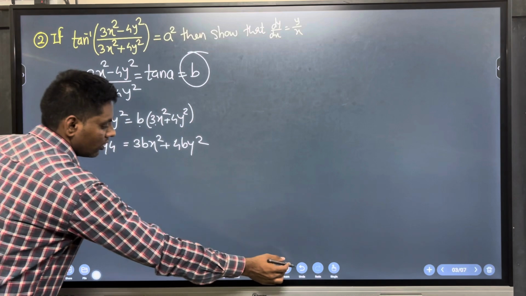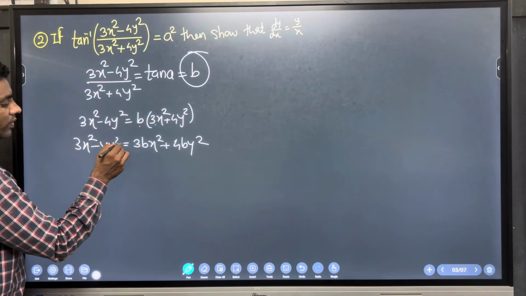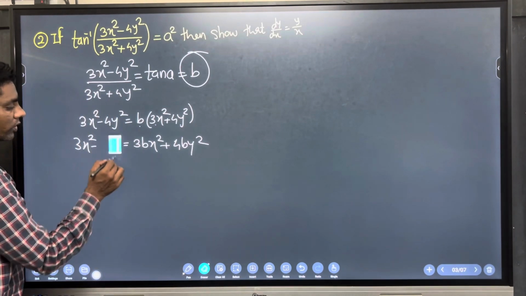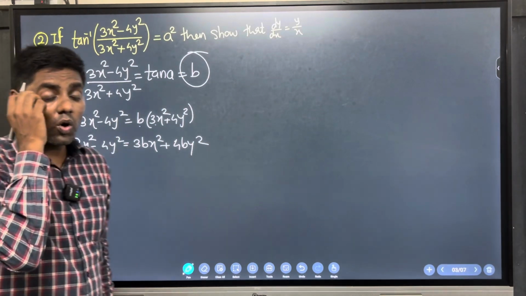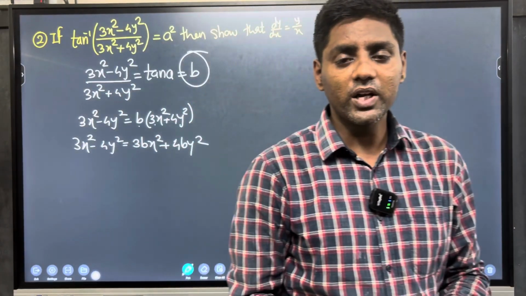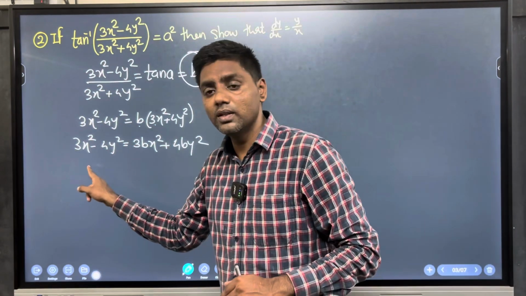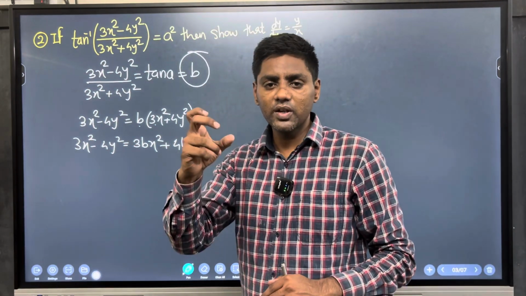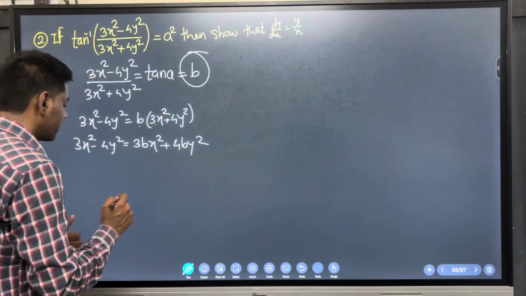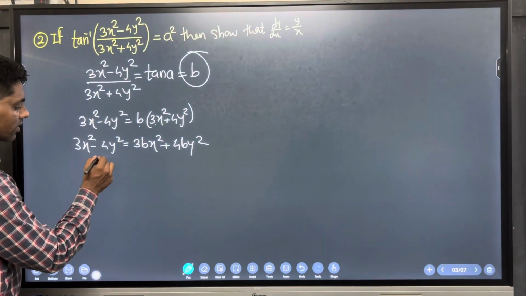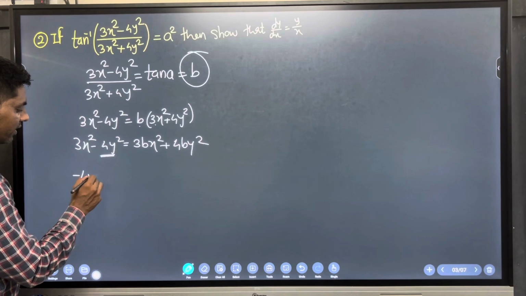And I already told you previously, after solving, make it very simple: write all the terms of y on the left hand side, and the remaining terms of x on the right hand side. After making this, it's very easy. Here this is the term of y, we write it down this side as it is.